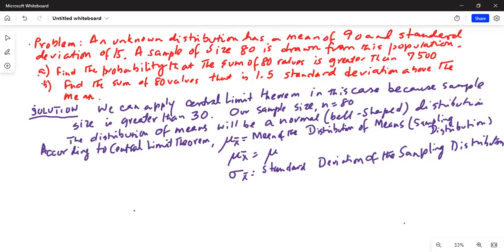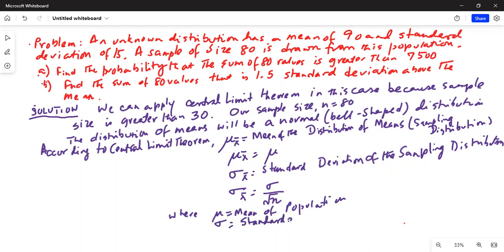According to the central limit theorem, mu x bar is equal to mu, where mu is the mean of the population, and sigma x bar is sigma, the standard deviation of the population, divided by the square root of n.